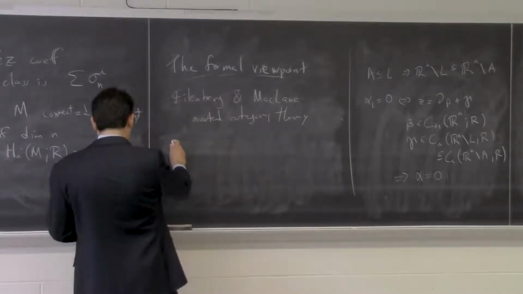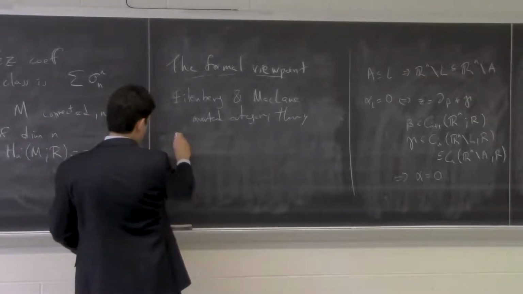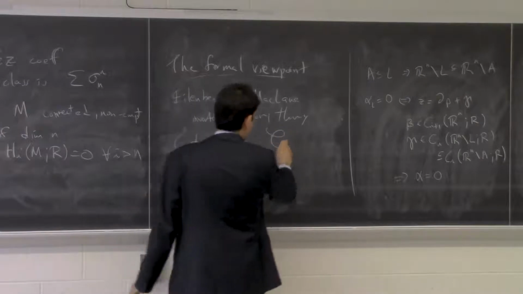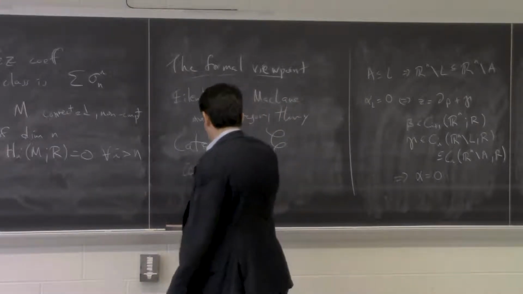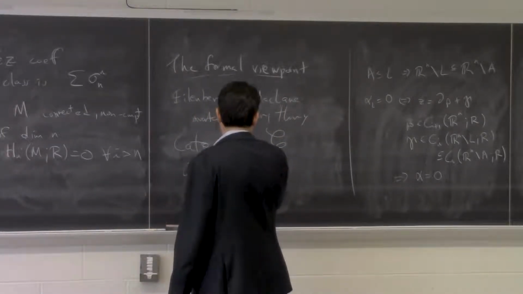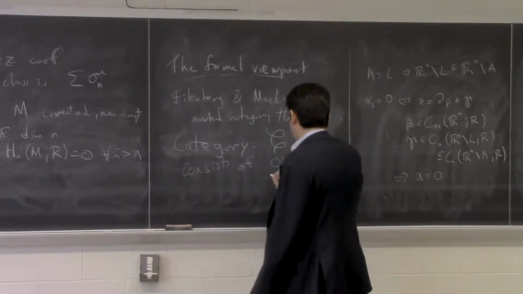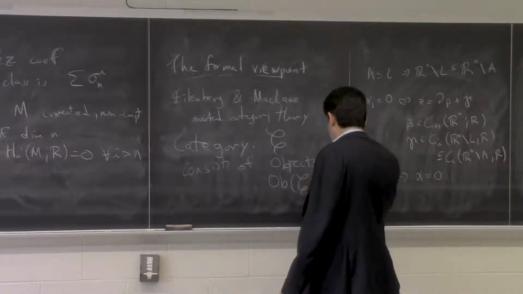So here is the definition. A category consists of some objects, like this.